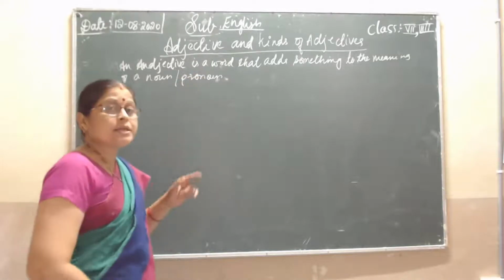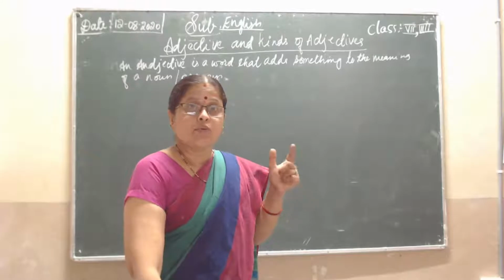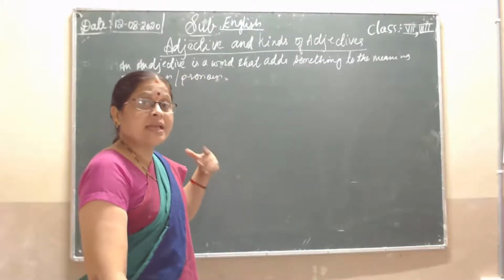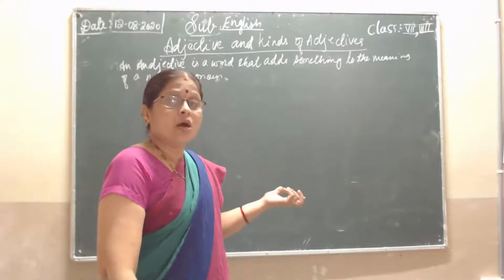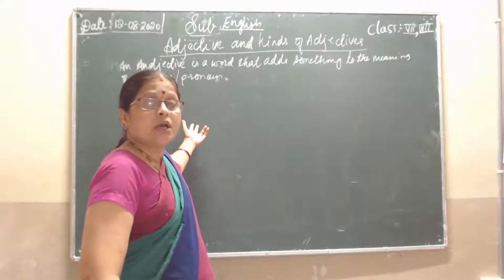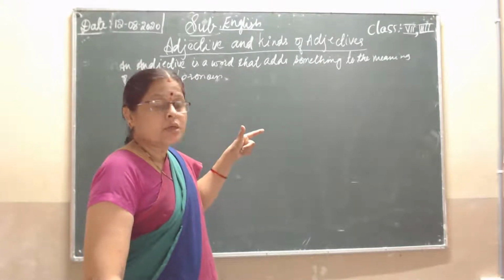Okay, an adjective is a word which adds something to the noun, which says something to the noun, which enhances something about the noun, which describes about the noun, or it may be of a pronoun. That particular word is called as an adjective.